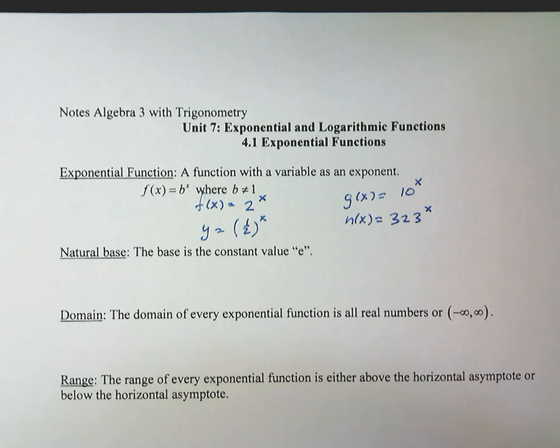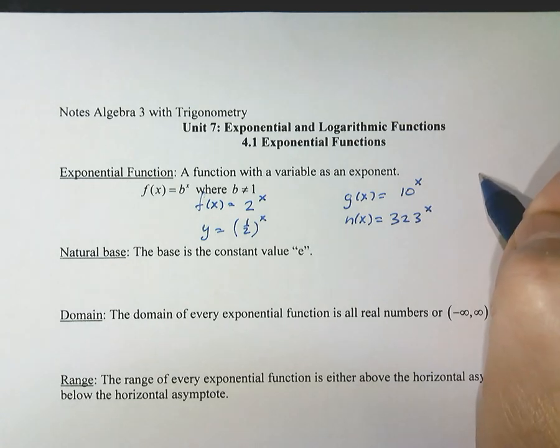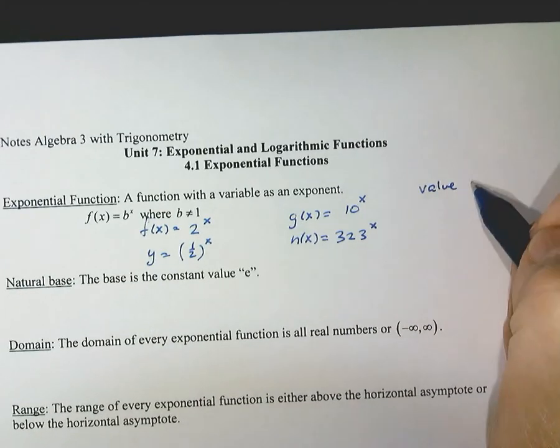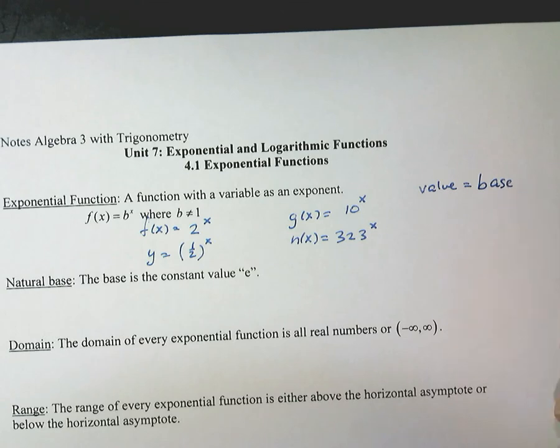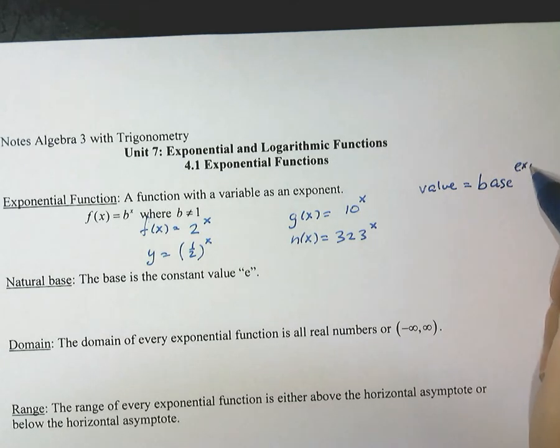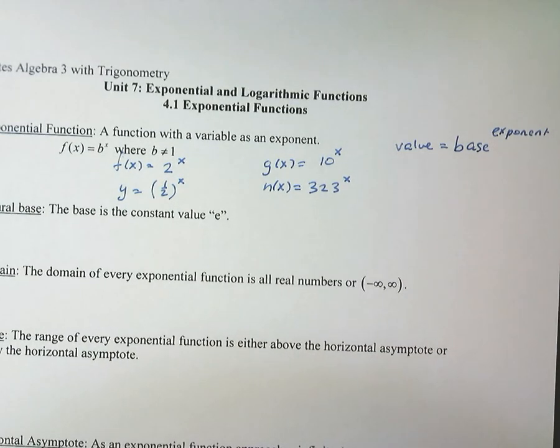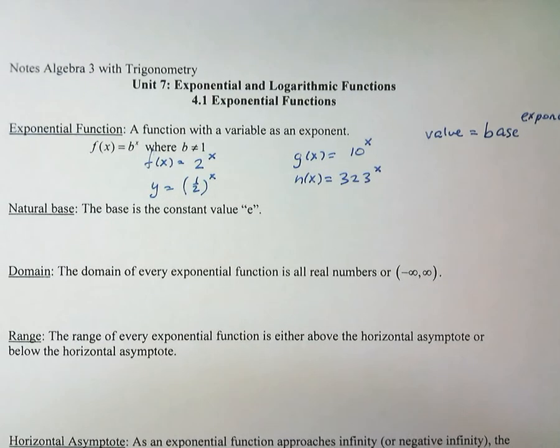So what happens is you have some kind of a value, we call it the output, and the value is equal to the base and then the exponent. There's actually a lot of information that's going to be coming after. You might feel a little bit overloaded at first, but we'll keep working on it.